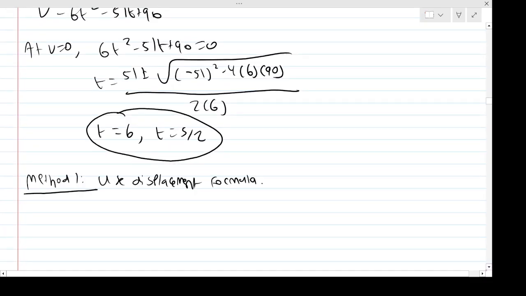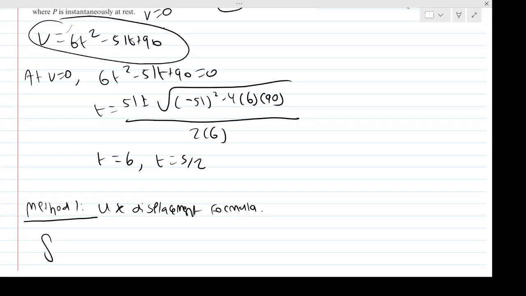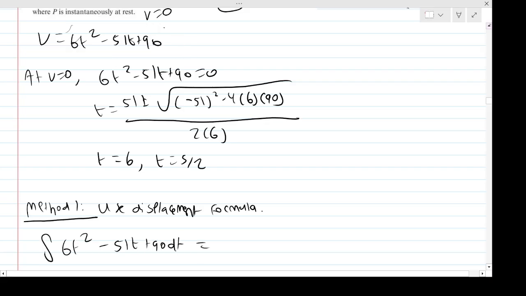So firstly, we need displacement, right? So we've got the velocity, so we need to integrate to get the displacement. So if we integrate the velocity, which is 6t squared minus 51t plus 90 dt, firstly, 6t squared will go to 6t cubed over 3. And then minus 51t will go to minus 51t squared over 2.